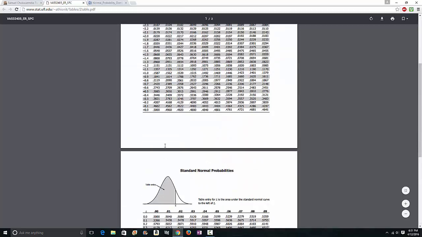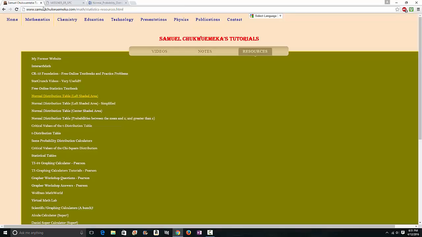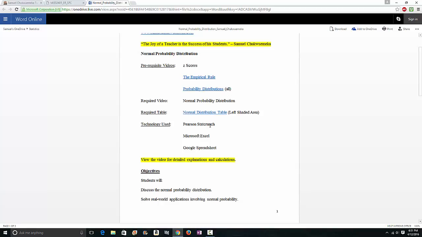Now, we have a simplified form. We also have the center shaded area, and the right shaded area, for the normal distribution, of course, which are the critical values. But I'm going to use the left shaded area in this video.